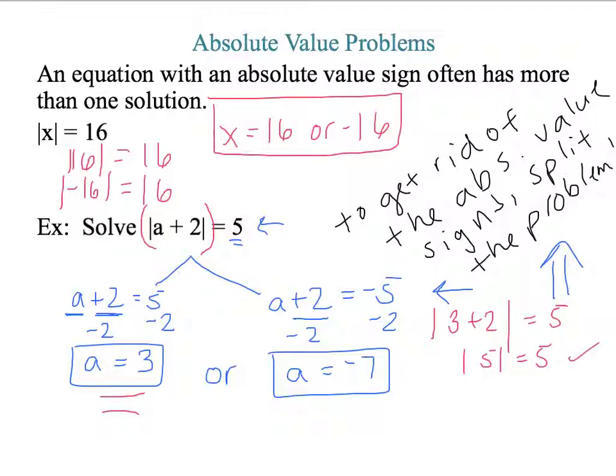Our next one is negative 7 plus 2 equals negative 5. So we have the absolute value of negative 7 plus 2, which is the absolute value of negative 5, equals 5. The absolute value of negative 5 is just 5, equals 5. So we know that's true as well.